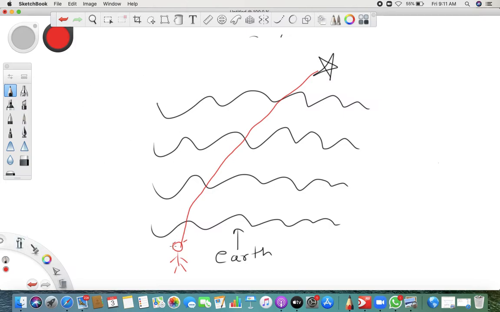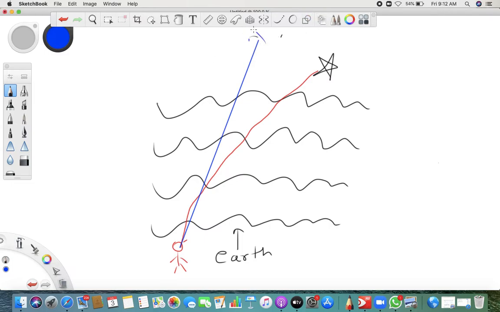Our eye always tries to see straight. So the star which is here, we don't see at that place. We see the star at this place.